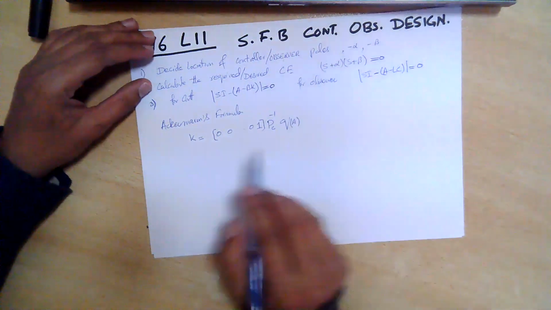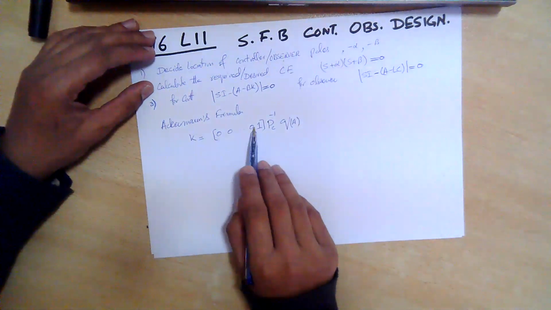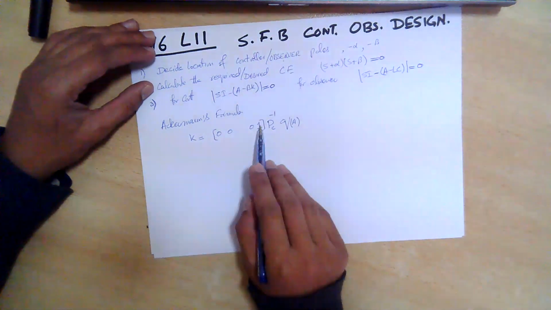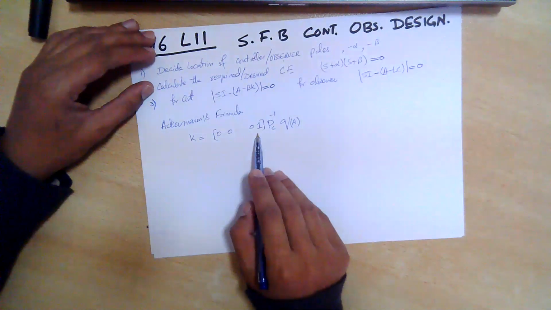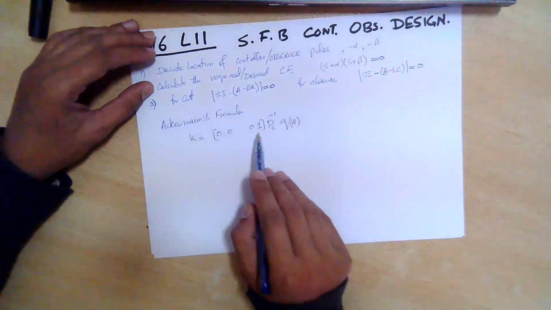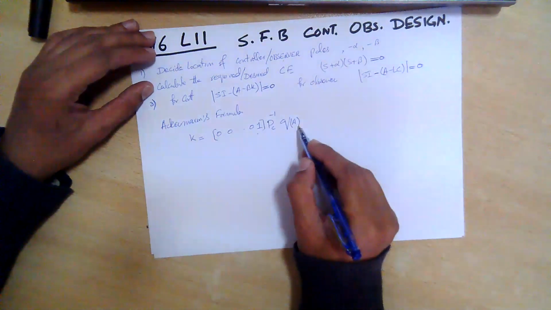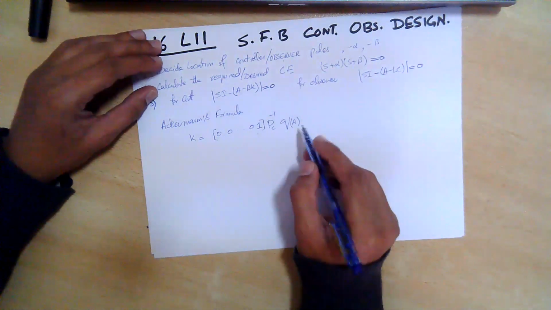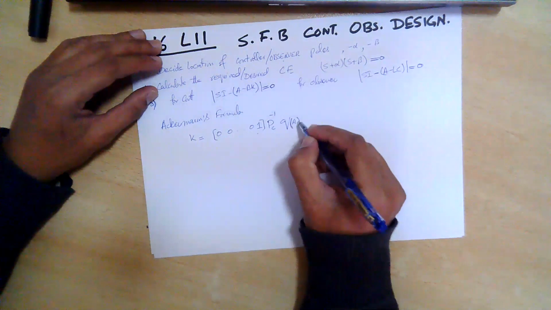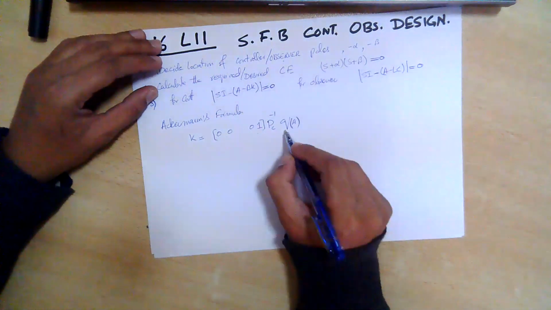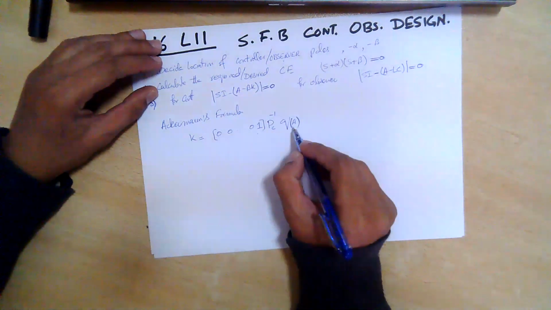Now this vector is all zero entries except the last entry will be 1. This is the inverse of the controllability matrix. And what is this q(A)? q(A) is the desired characteristic equation with s replaced by A.